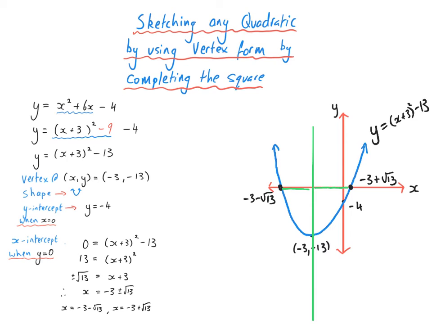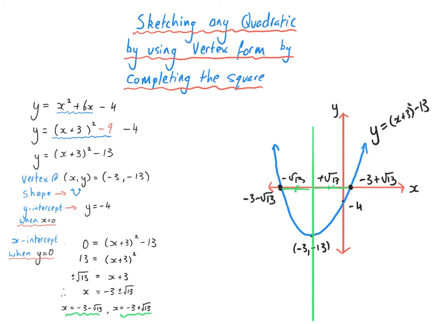So quite nice from writing the intercepts in this form is that I see this distance here from the line of symmetry is root 13 in both cases. So going to the right, I'm starting at minus 3 and adding in root 13. Going to the left, I'm starting at minus 3 and subtracting root 13.